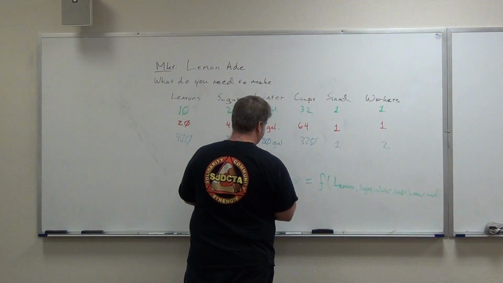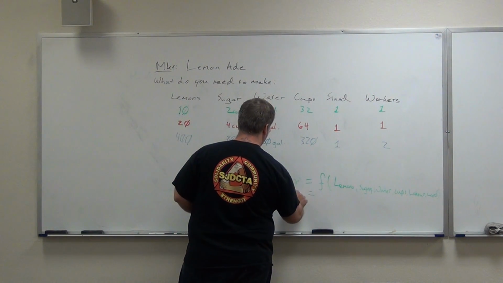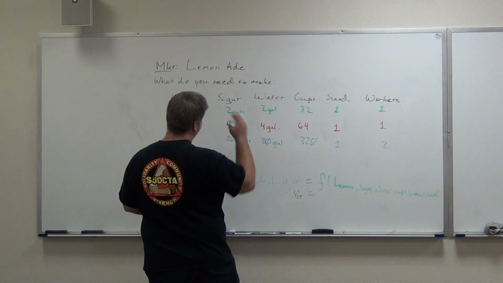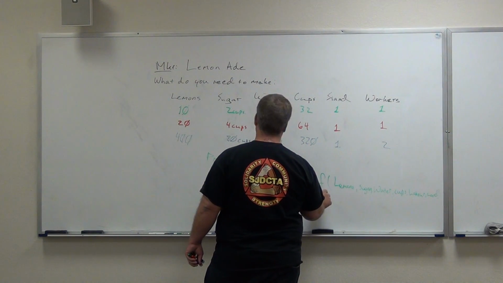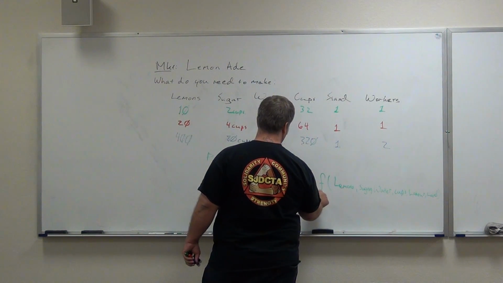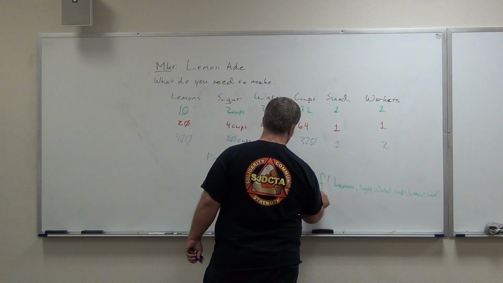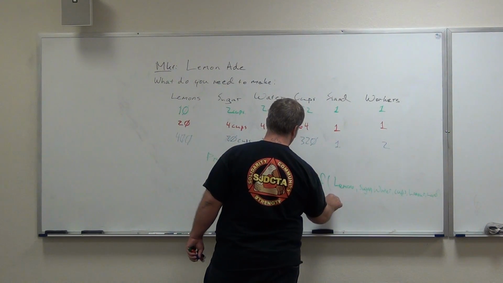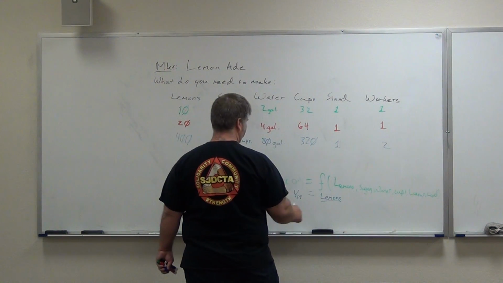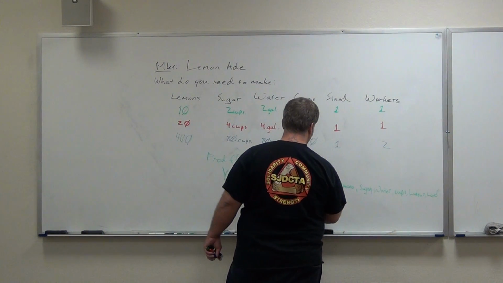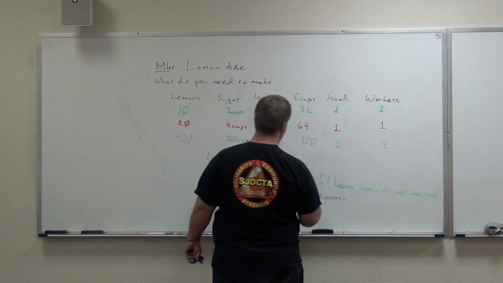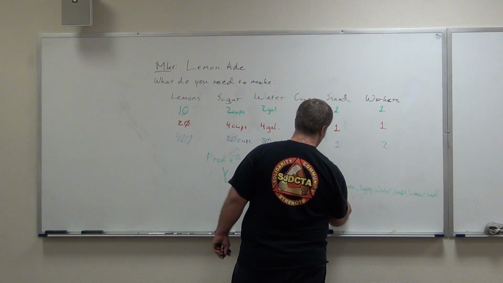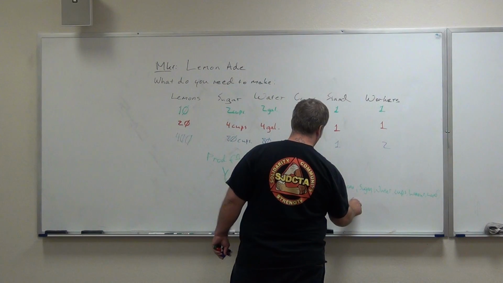Let's see whether I could come up with something. So output of lemonade is going to be equal to, let's say, lemons multiplied by 2 times the number of lemons, plus sugar, I don't know.